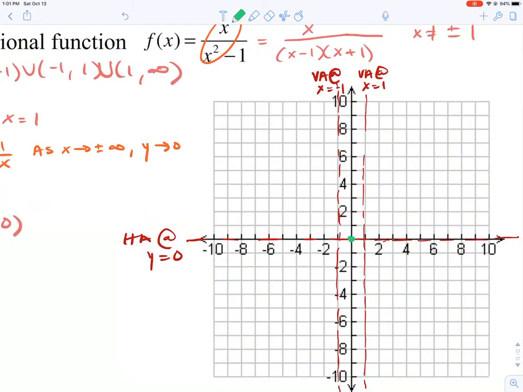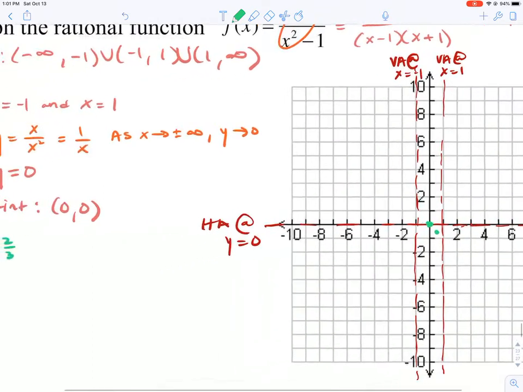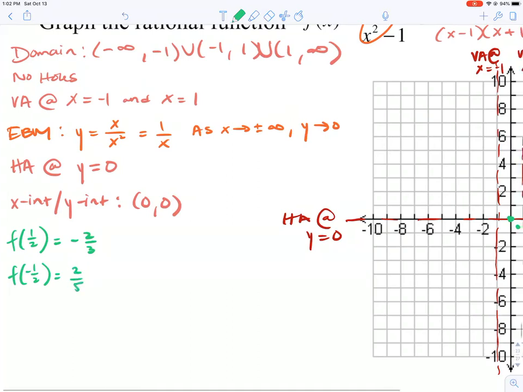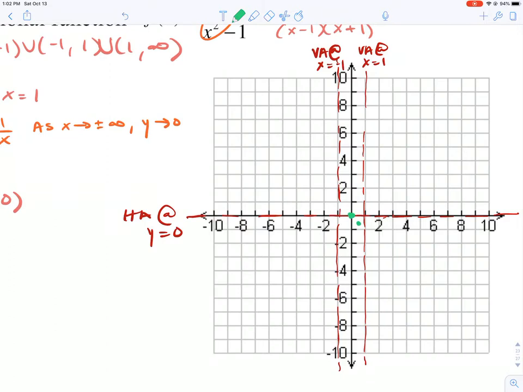So the point is 1/2, negative 2/3. Okay, so like down here. And then for negative 1/2, I get 2/5. So negative 1/2, 2/5. Is that right? Yeah.